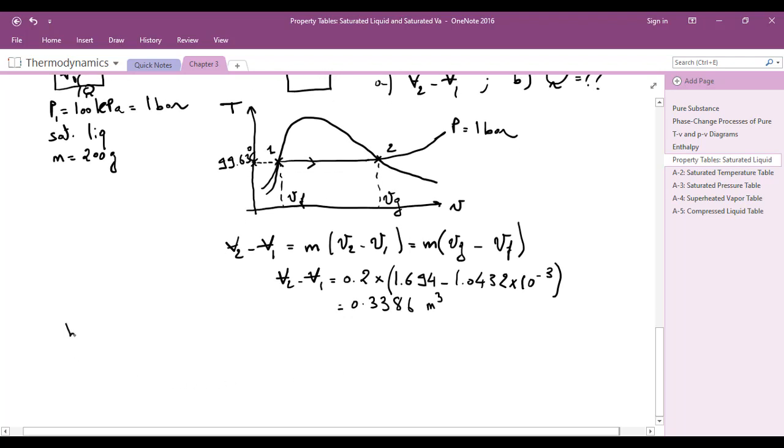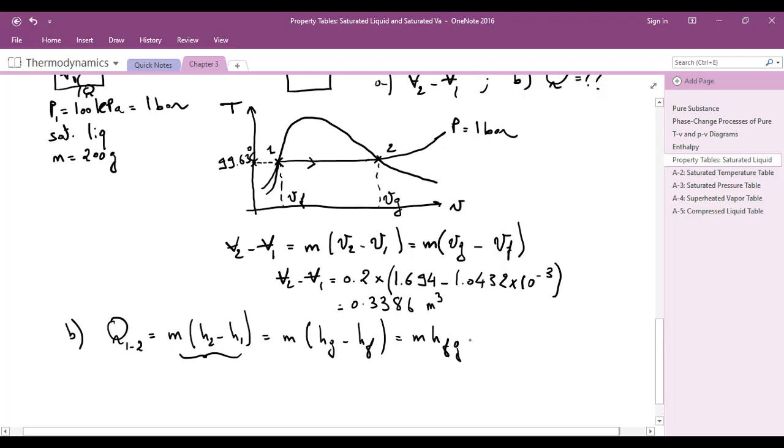For part B, if we want to calculate Q, since here it is a constant pressure heating process, Q from 1 to 2 should be equal to the change in enthalpy, m(H2 minus H1). This is already proved before. m(H2 minus H1) is m times (Hg minus Hf), so m times hfg, 0.2 times the latent heat of vaporization.